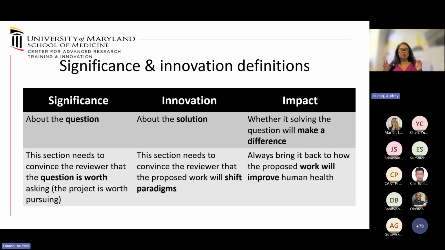Innovation. How are you coming up with a solution? Do you have a clever way of coming up with new answers? This section really needs to convince the reviewer that your work will shift how we answer questions in this field, right? It'll change how we address questions. It's like applying the human genome sequence to the field of genetics.